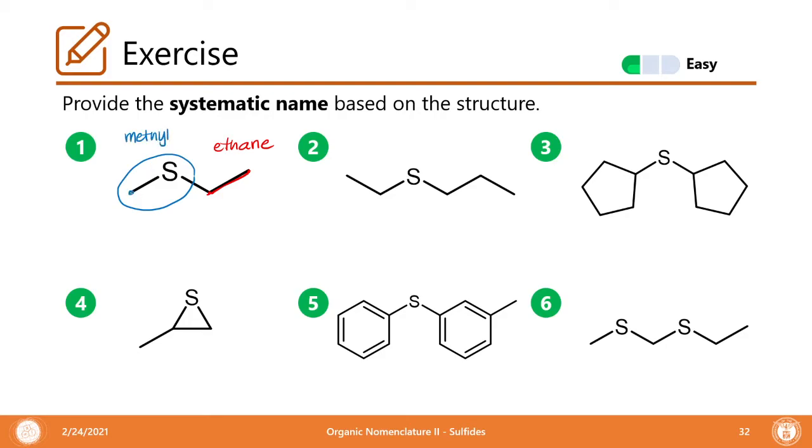We have 1 carbon here connected by a sulfur atom, methyl thio. And so the name of this compound is methyl thioethane.